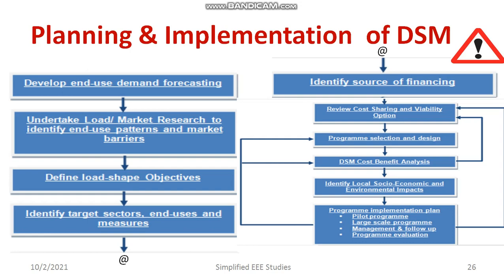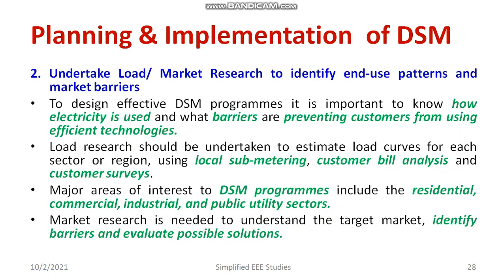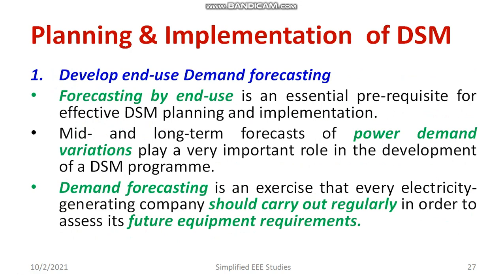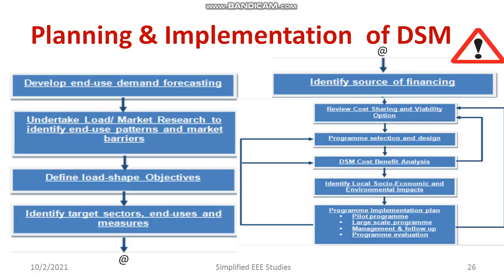A customer survey can be carried out, and the metering can be observed. These are the various ways to undertake load market research to identify the proper end-use patterns, and they can identify the various market barriers.